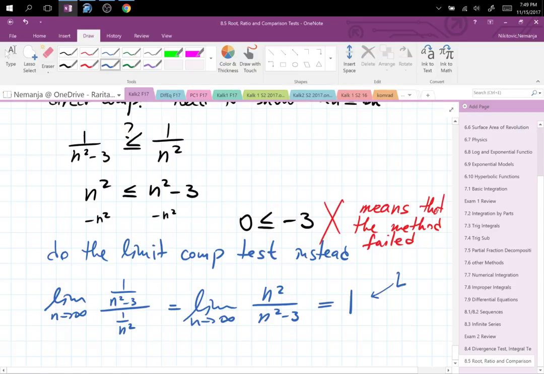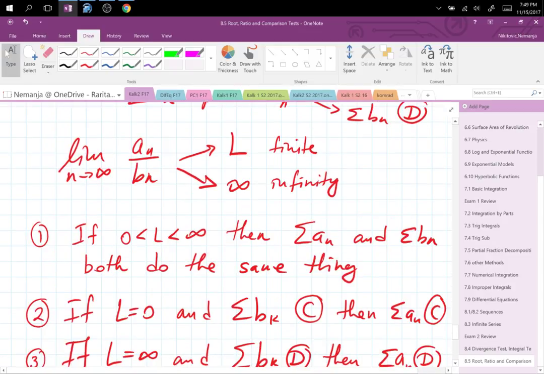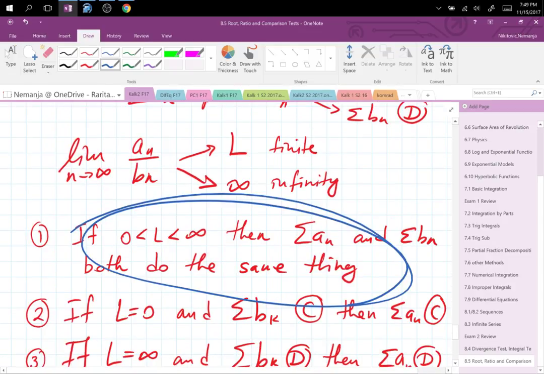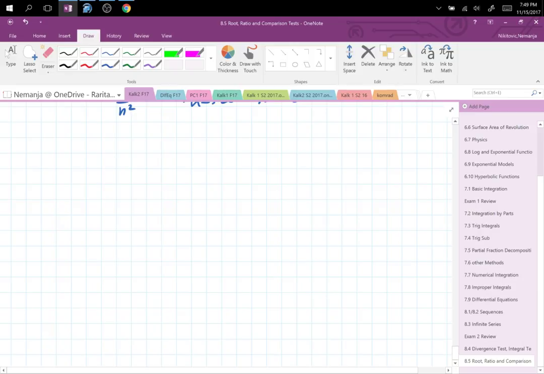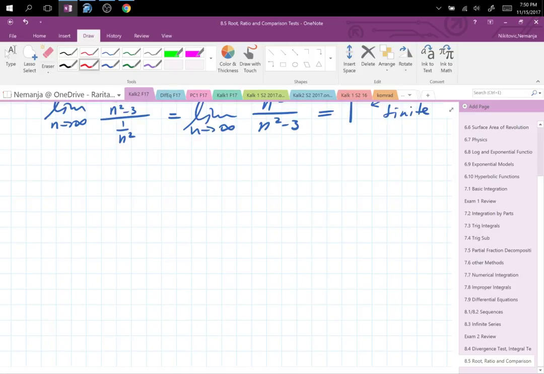This is that L. Finite. And if it's finite, what do we have here on the first line? Which I told you is most of the time this one. If you get the limit to be 1 or 7 or e or whatever, then both do the same thing. So what's the answer? We gotta write that sentence. Converges.